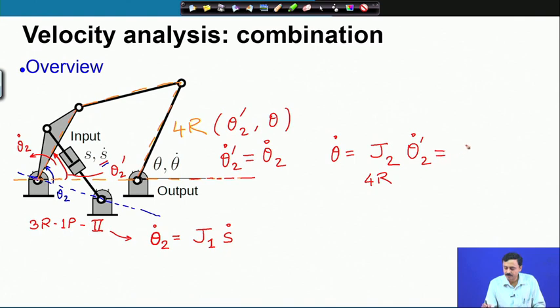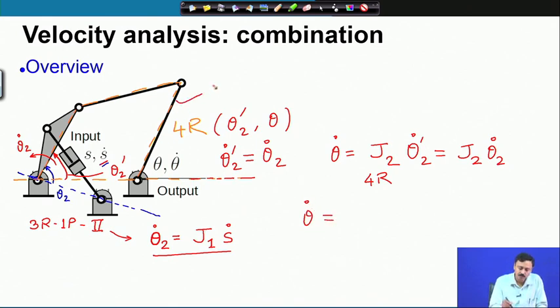That is also therefore equal to J2 theta 2 dot, and theta 2 dot we have already found in terms of S dot. Therefore, theta dot, which is the velocity of the output link, so this is our output, which is the bin actually of the excavator.